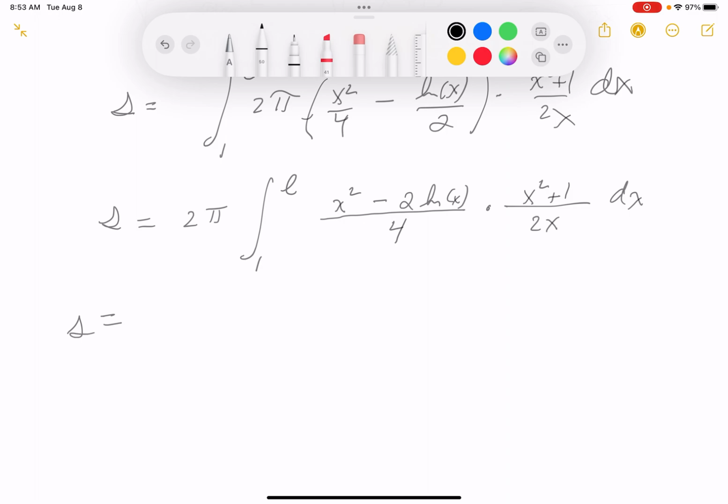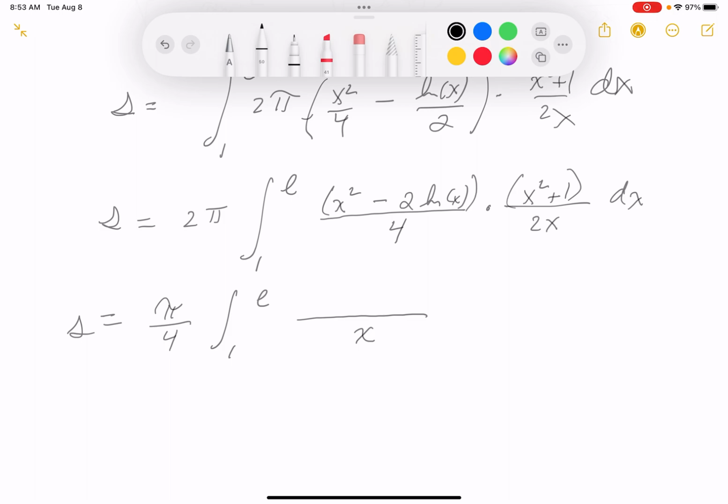Let's see, S equals, I am going to factor out 8 now on the bottom. So it's going to be pi over 4, because 2 goes in 4 times. So 1 to e, and I still have an x in the bottom. And then I have to expand this thing over here. And what do you get?